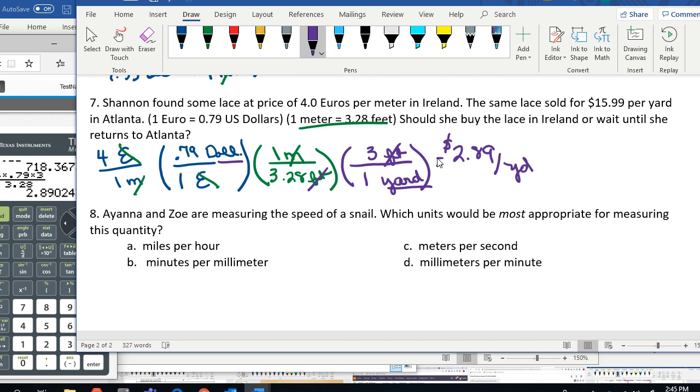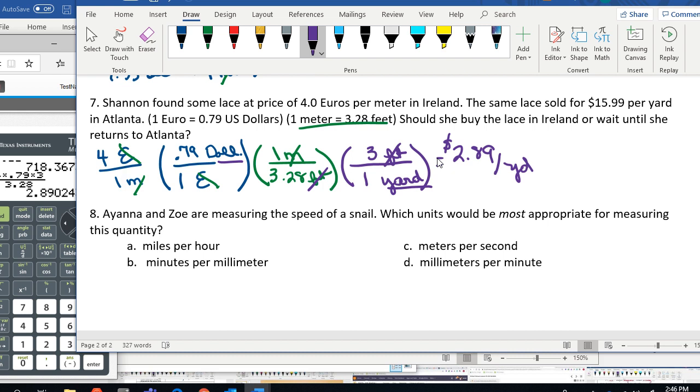Wow, then they need to go ahead and buy it while they are in Ireland. Is that where we are? Yes, Ireland. 2.89 per yard is a lot less expensive. Let me double check, make sure I have everything.